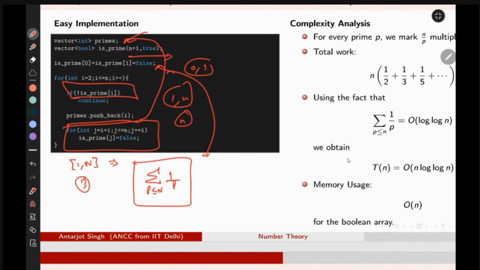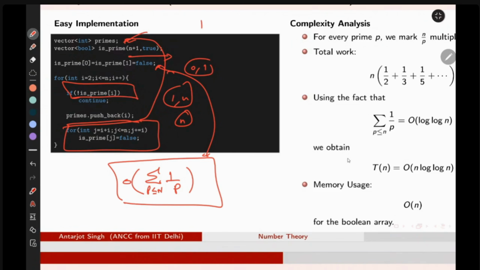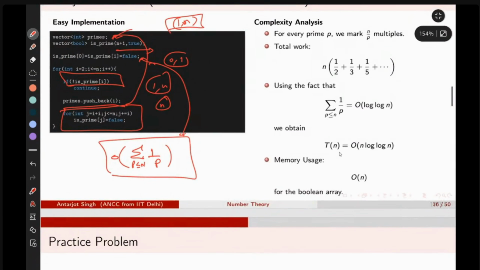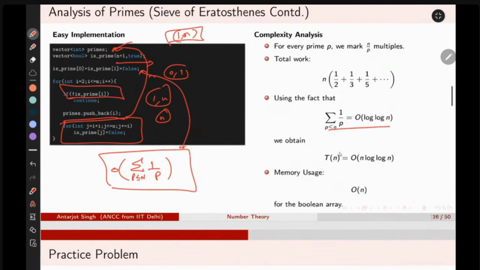So this is the complexity of your sieve. From the sieve, what we got is all the primes from 1 to n.